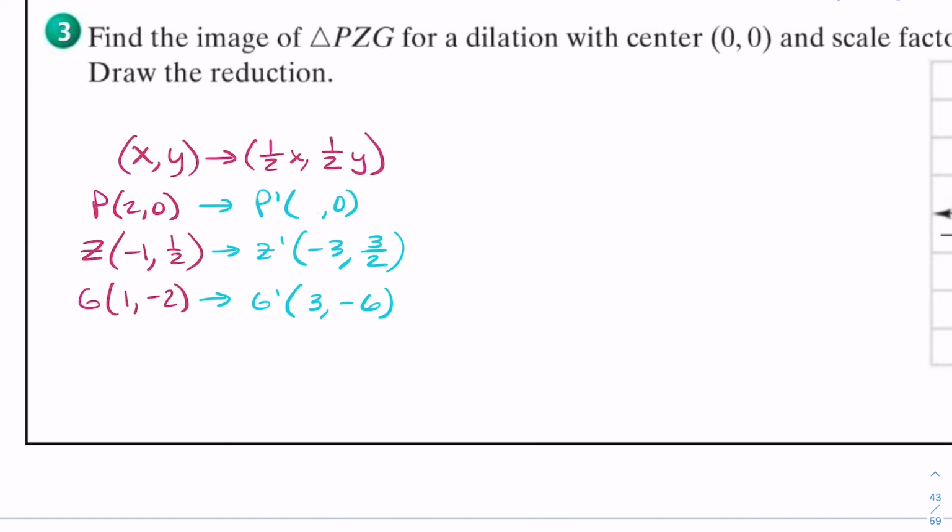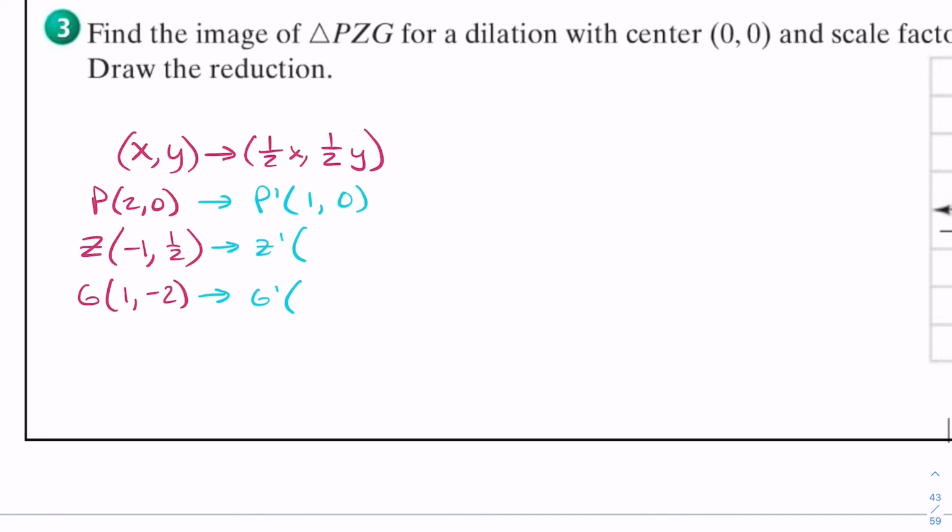And these are all going to change. So that's all gone. And we have, that's going to be 1, 0. It's going to be negative 1/2, comma 1/4. Half of a half is a fourth. And then we have 1/2, comma negative 1.